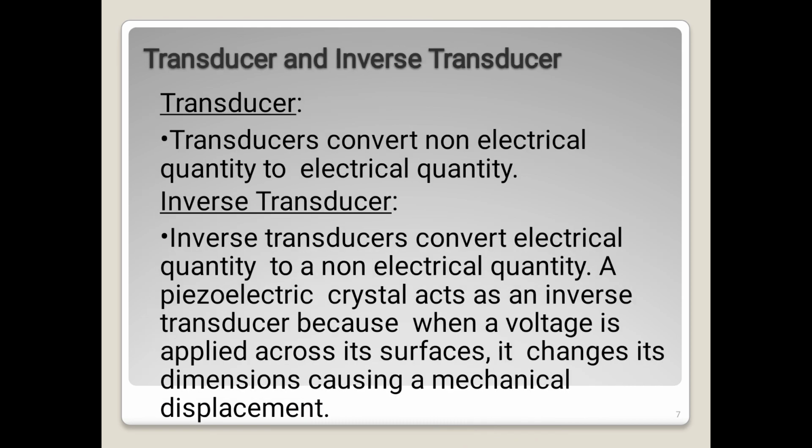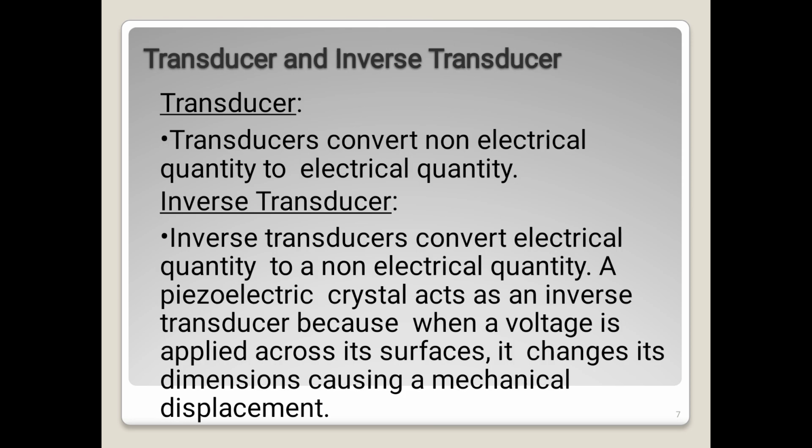Transducers and inverse transducers. We know a transducer converts one form of energy into another form of energy, and an inverse transducer converts an electrical signal into a non-electrical signal. Suppose we take a piezoelectric crystal.